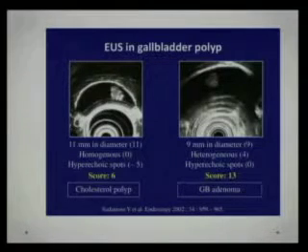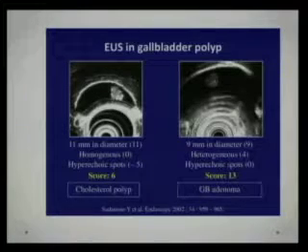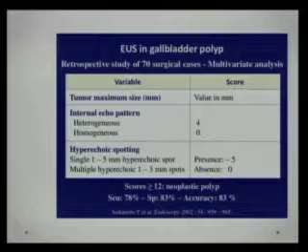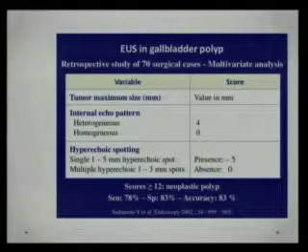With endoscopic ultrasound, they are trying to classify polyps into either homogeneous or heterogeneous, and if they are heterogeneous, what kind of heterogeneity do they have? Are they just diffusely heterogeneous, or are there 1 to 5 echogenic spots, or are there fewer echogenic spots? We'll see that in a minute.